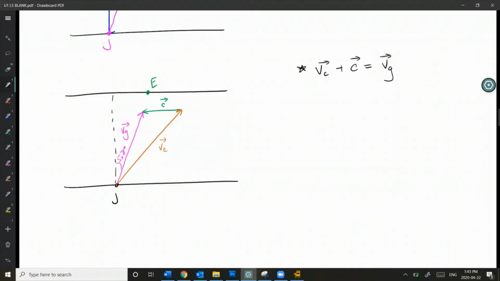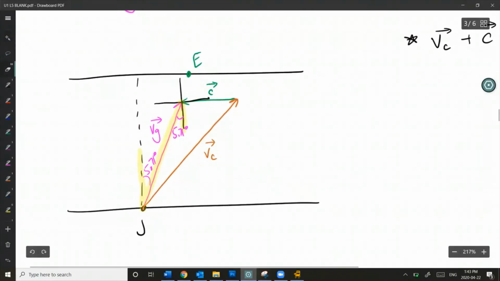One other little helpful thing is if we draw a little quadrant grid here, we can actually see that there's a little Z pattern, and that Z pattern means that these two interior angles are actually equal. That makes this little slice 5.71 degrees. And I do know as well that the south and east lines make an angle of 90 degrees with one another.